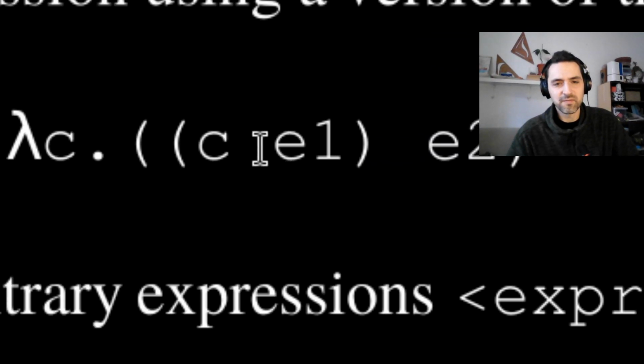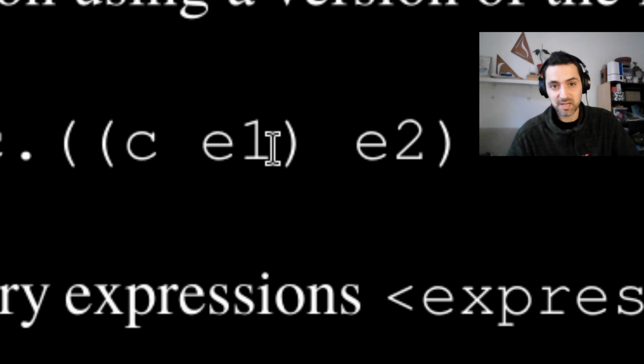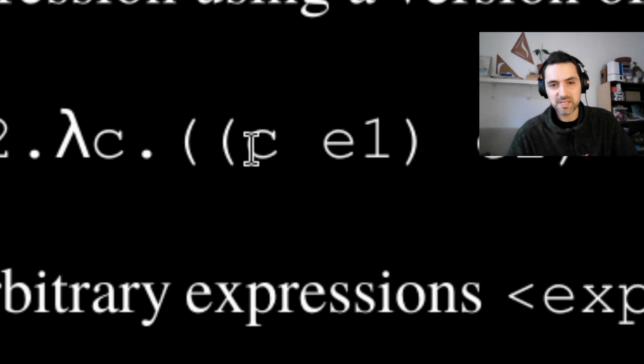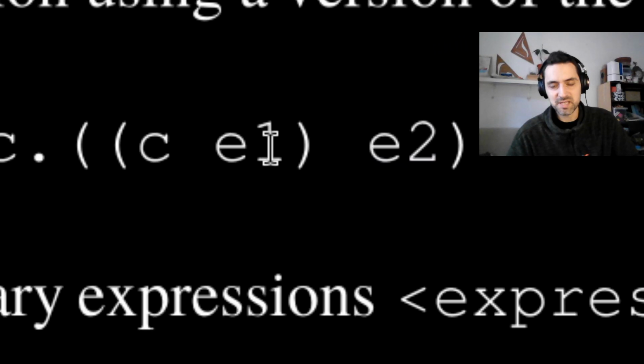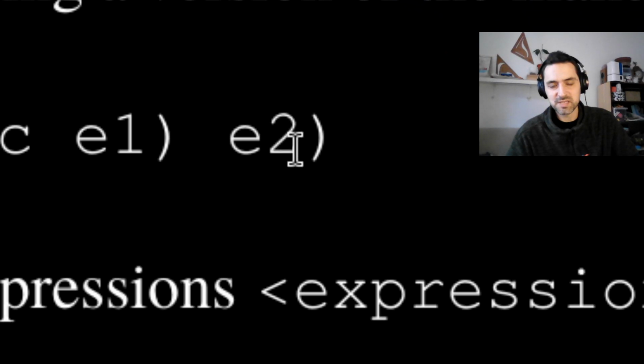This is the way function application works in Haskell or in lambda calculus. That's why you only use white space. You apply this thing to this thing, and then this entire thing is applied to this thing.